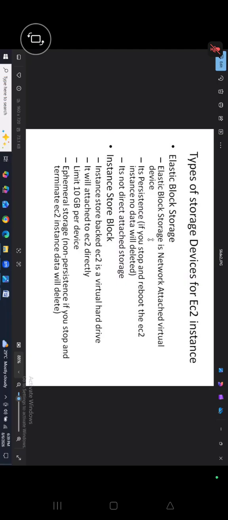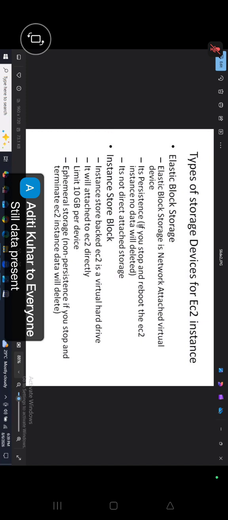Elastic block storage is a network attached virtual device. It's persistent. Persistence means even if you reboot the operating system, you are not going to lose the data. Even if you reboot the EC2 instance, you are not going to lose your data. That is called persistence, right? Still data present. Very good, right?